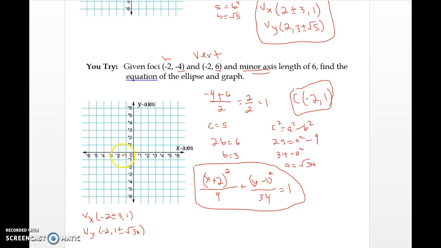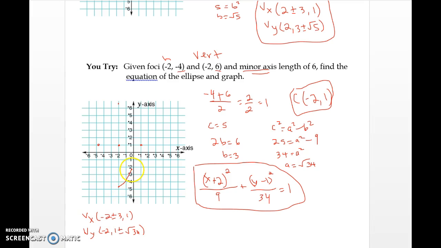Graphing this together, center (-2, 1). I'm going to go to the right 3 and to the left 3 for my b. Up and down the square root of 34, which is almost 6. So 1, 2, 3, 4, 5, almost 6. And down 1, 2, 3, 4, 5, just about 6.